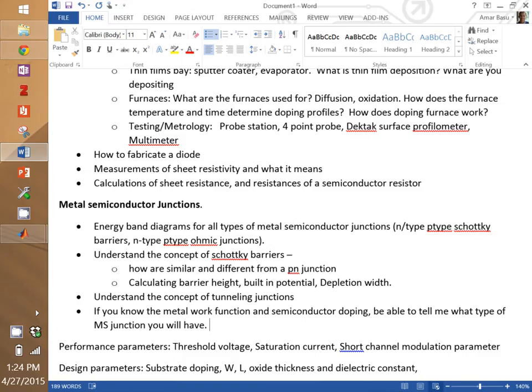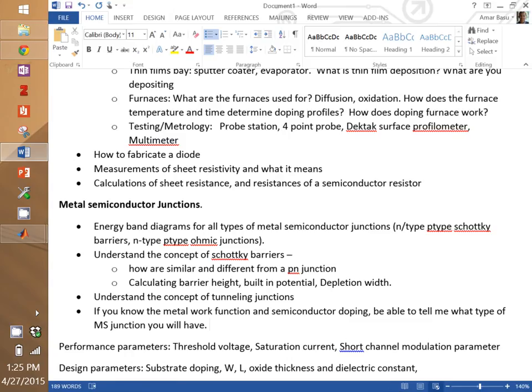Most of the time, when we put a metal onto a semiconductor, we would like to make an ohmic contact. When we're doing MOSFETs, for example, we just want to have a contact into the source and the drain. So as a designer, someone might ask you, well, under what conditions will we have a nice ohmic contact? We'd like to avoid the Schottky barrier if possible.